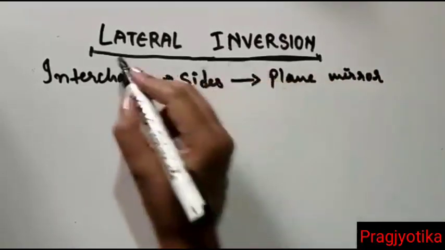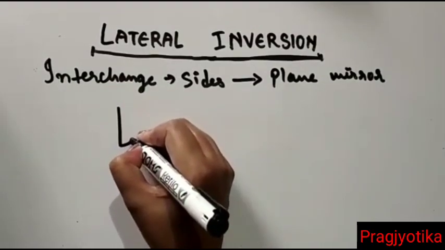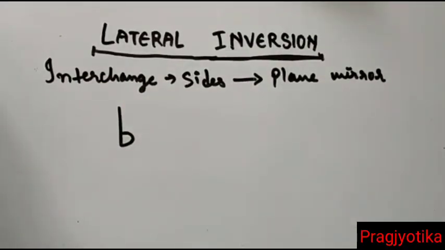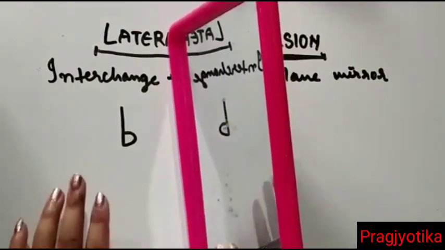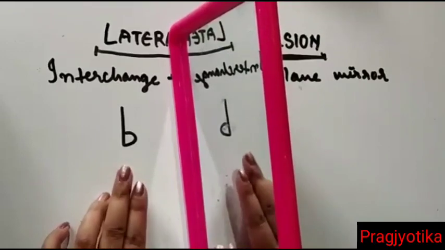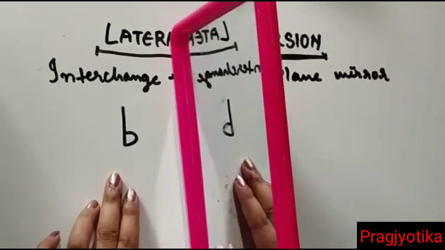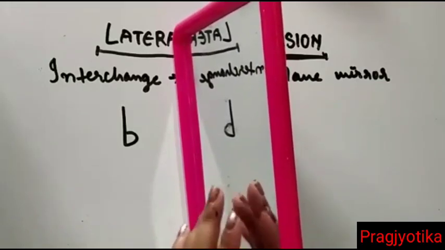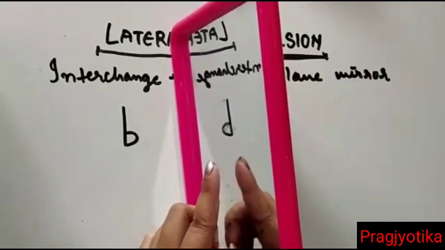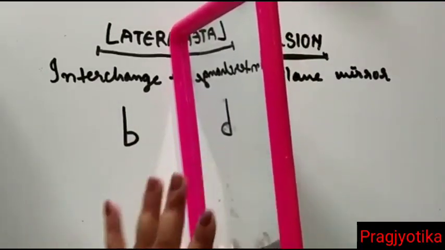For example, if we write a small letter b, then it will become d in the plane mirror. Here you can see this is a plane mirror, and when we write b, this b will become d in the plane mirror. The left hand side of the b appears right in the plane mirror and the right side appears left. So the small letter b is laterally inverted, and this effect is called lateral inversion.